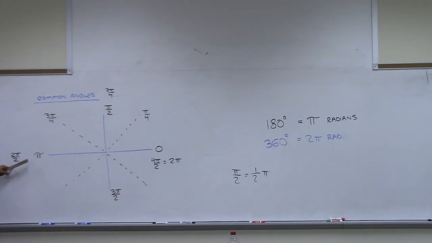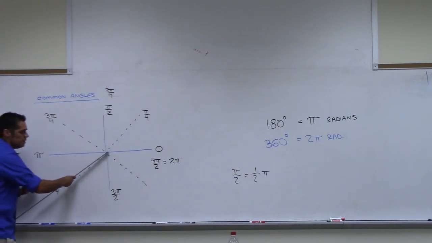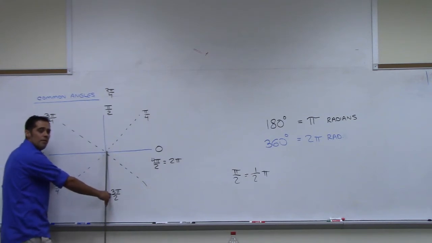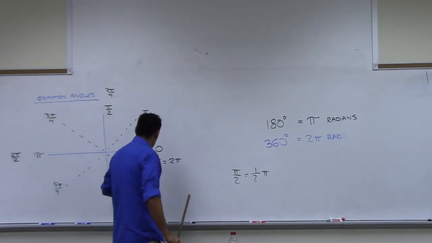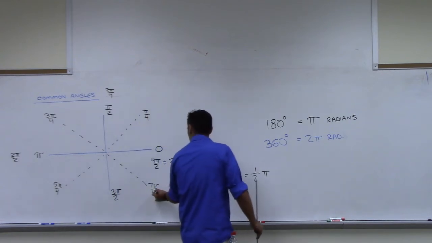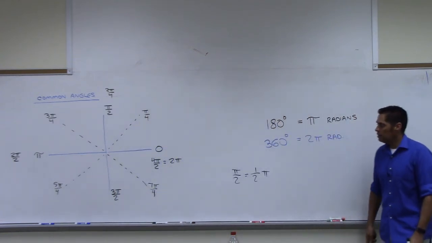The 4's cancel, we just have pi. Next one, 5 pi over 4. Next one, 6 pi over 4. Does everyone see 6 pi over 4 would reduce to be 3 pi over 2? Okay. Next one, 7 pi over 4. And then finally, 8 pi over 4, which would be 2 pi. They would reduce.